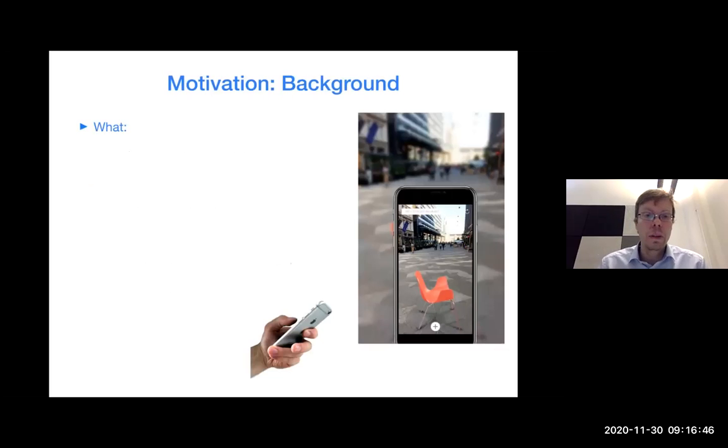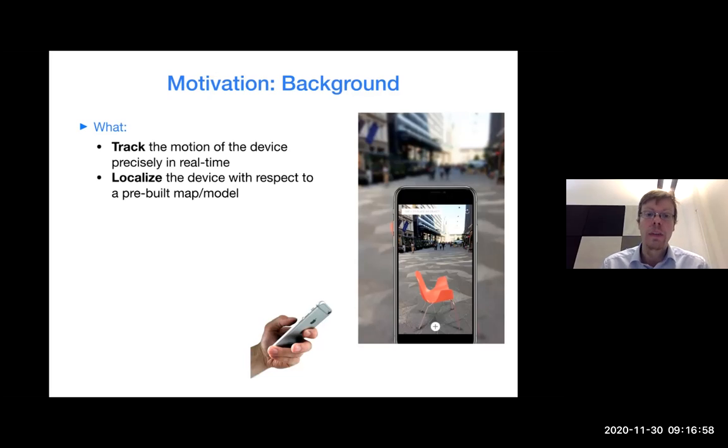So like probably many of you know, these problems of tracking the motion of mobile devices in real time, and then on the other hand localizing the device with respect to a pre-built map or model, are very relevant problems for certain applications, like augmented reality, for example. And this kind of an augmented reality use case is illustrated here in the picture.